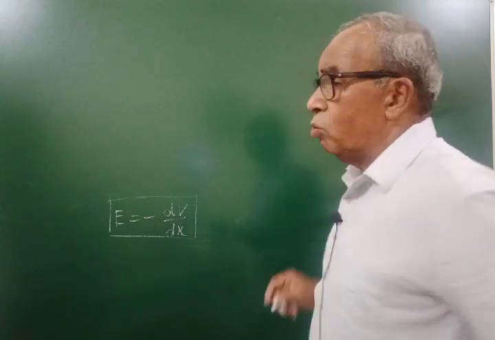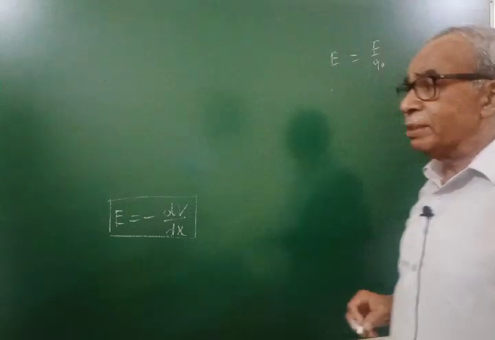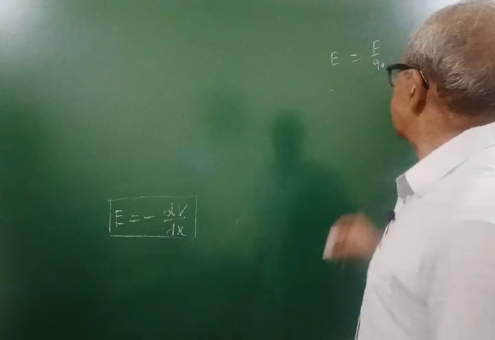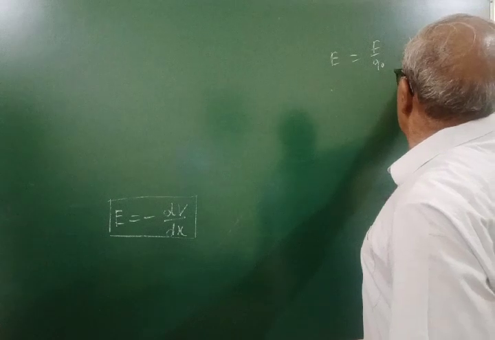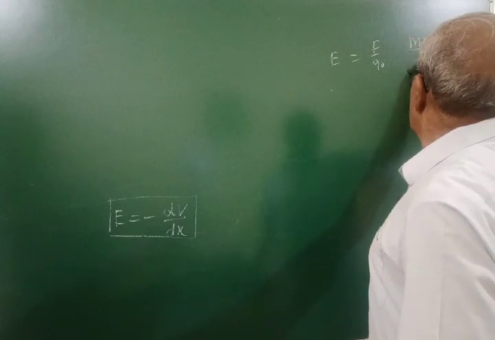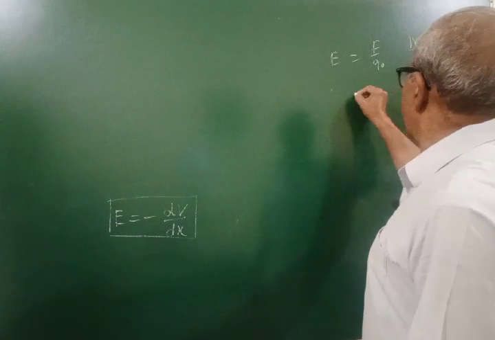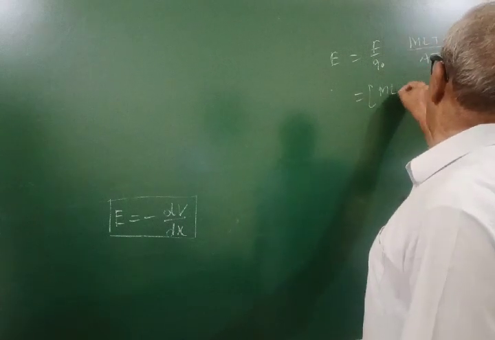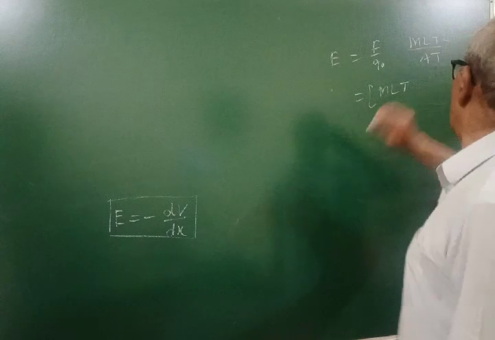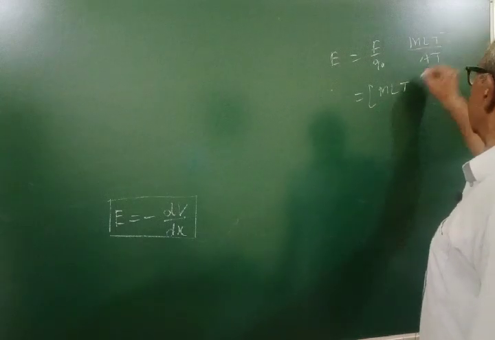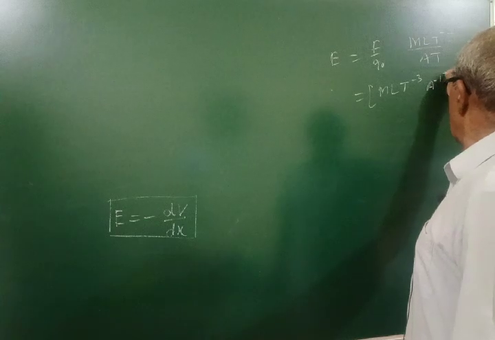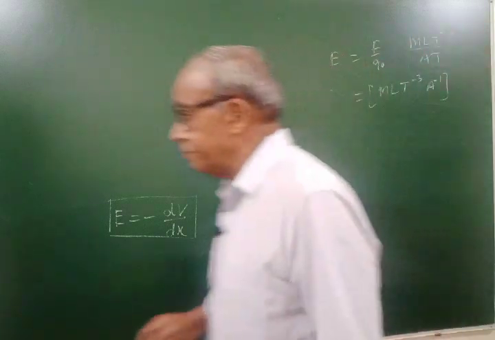Q has dimension AT, and force is MLT minus 2, so MLT minus 2 upon AT. Now what will the dimensional formula be? M L T, sorry, M L T minus 3 A minus 1. We will ask like that.